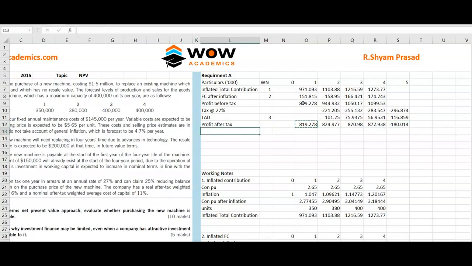So next is the investment. So investment cost is 1500. So we'll take it as minus 1500. And there was a resale value.